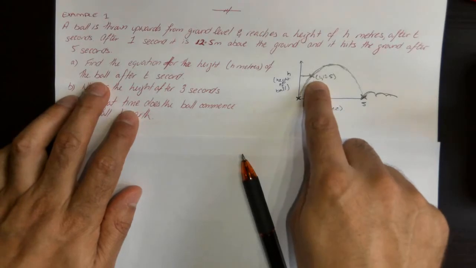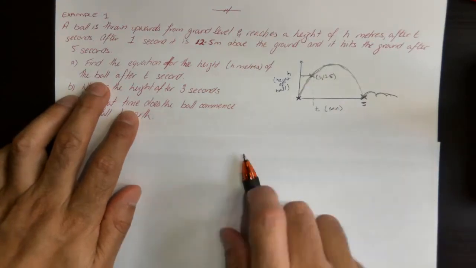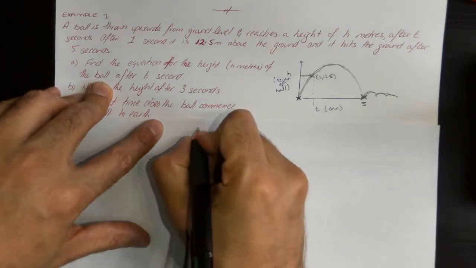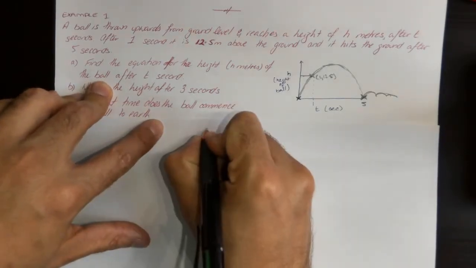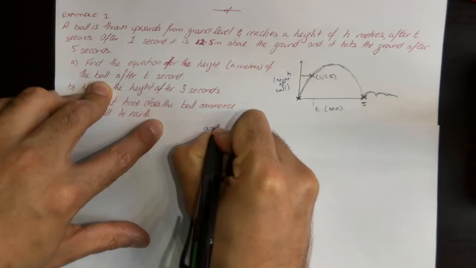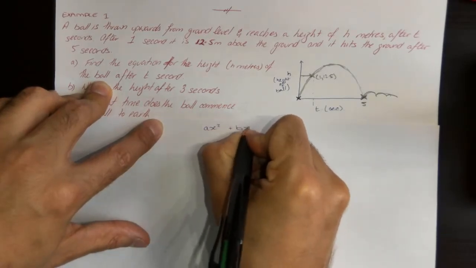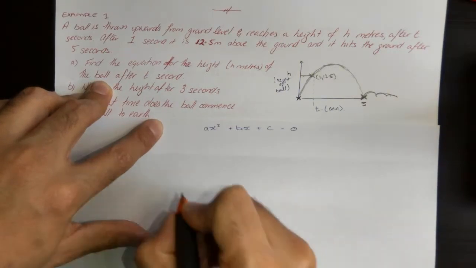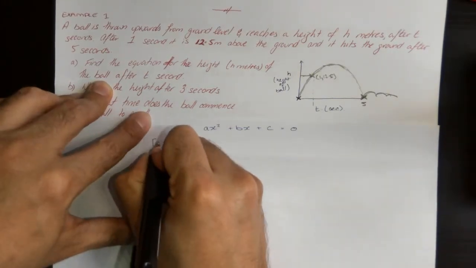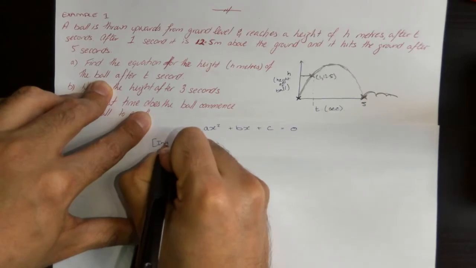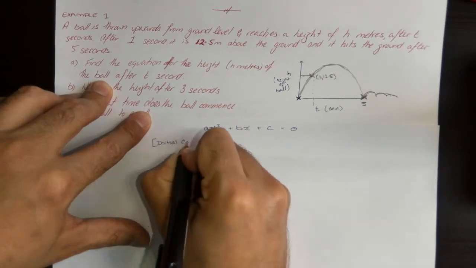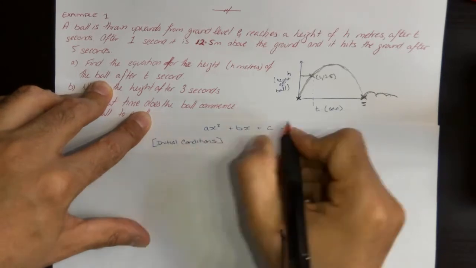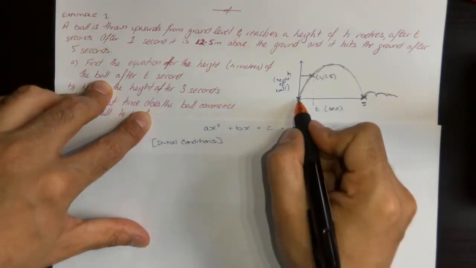We have a point, and what we can do is we can basically sub in what we know. We know that any parabola is in the form of ax squared plus bx plus c is equal to 0. We obviously know the initial conditions, which is at 0, it equals 0.